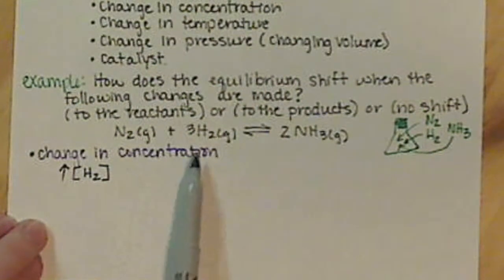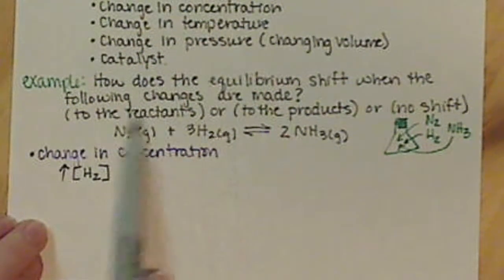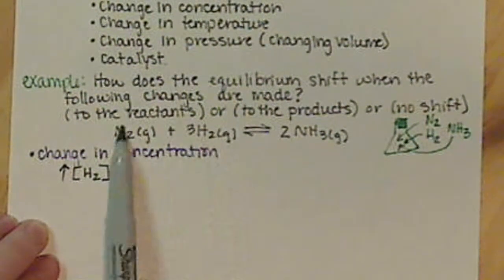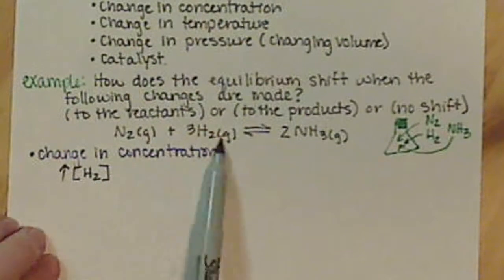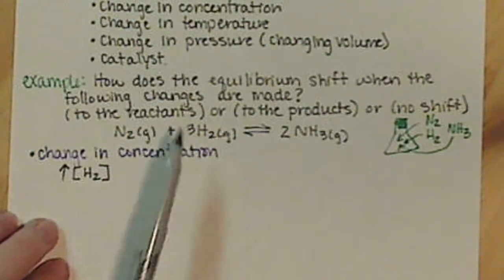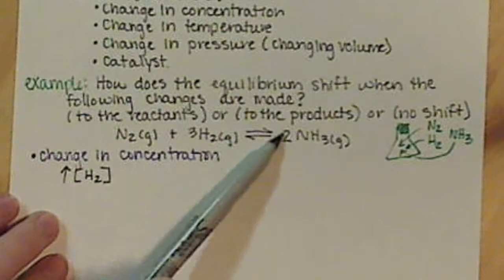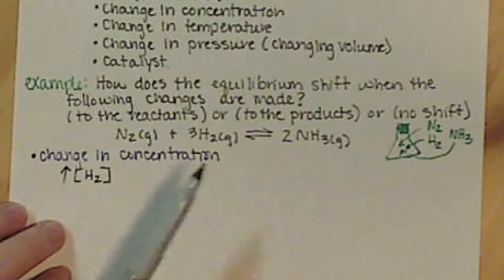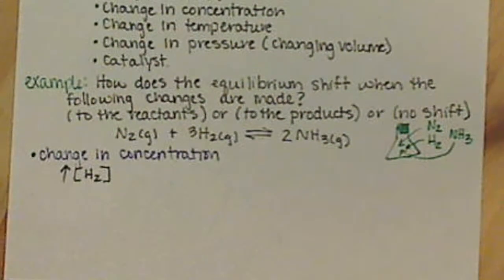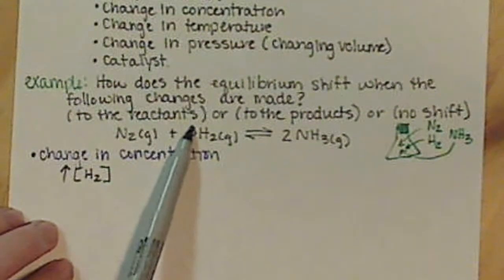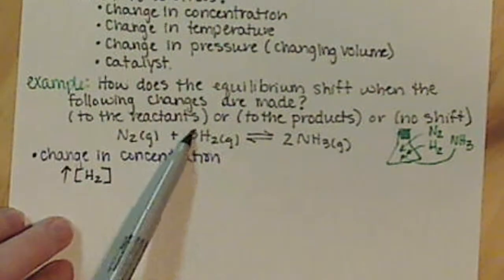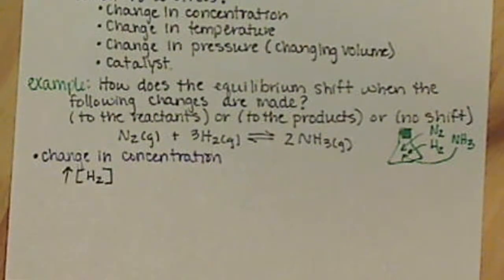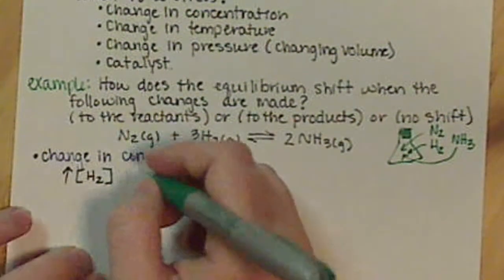What happens is now we have an overload on our left side, which means in order to alleviate that overload, our equilibrium wants to shift over to our products to kind of equal that back out. We aren't going to get to the same exact equilibrium, but if we increase this concentration here, our equilibrium is going to shift to our products to try and balance out that added concentration.